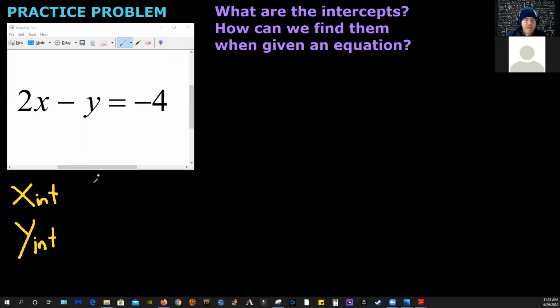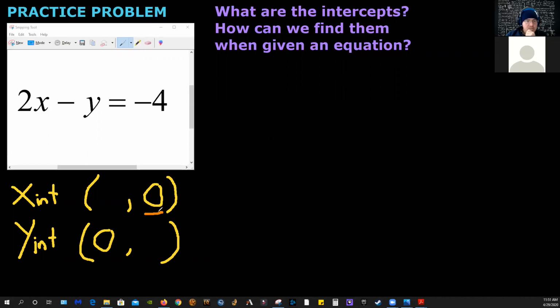You've got to remember that the x-intercept always has a y value of 0 because it's on the x-axis. And our y-intercept always has an x value of 0 because it's on the y-axis. And that's how your problem really starts. If you're watching on YouTube, I encourage you to pause right now, work out the problem, and come back and see if yours looks like mine.